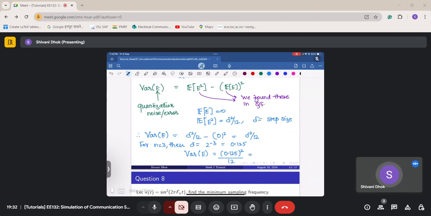If you solve this, it comes out to be approximately 1.3 into 10 to the power minus 3. So this is the quantization error that we will get. You can use your calculators to figure this out. Any questions?